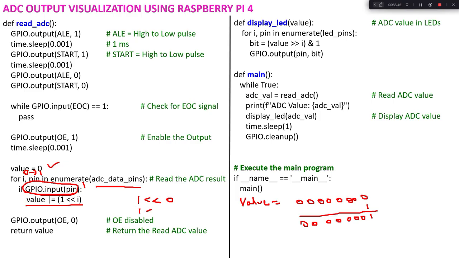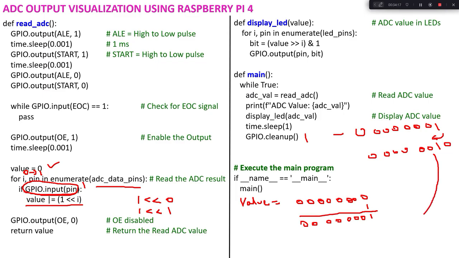I have to do left shift by 1 time because my I value is now 1. 1 is nothing but 0, 0, 0, 0, 0, 0, 0, 1. I am going to do a left shift by 1 time, so this bit will come here. So I will get 0, 0, 0, 0, 0, 0, 1, 0.